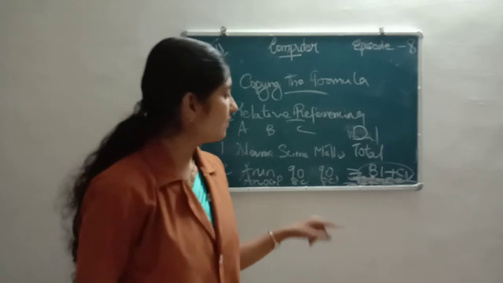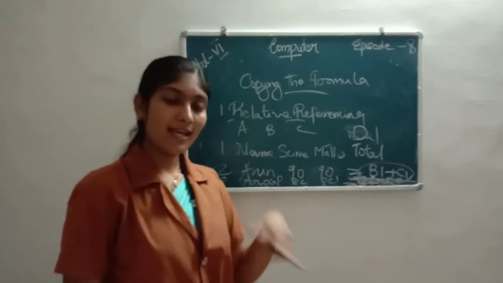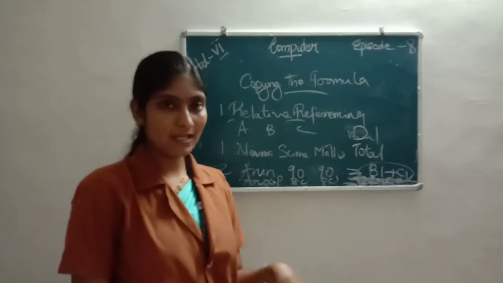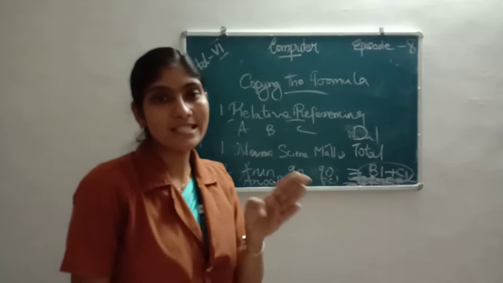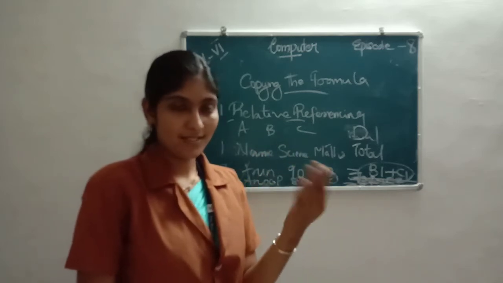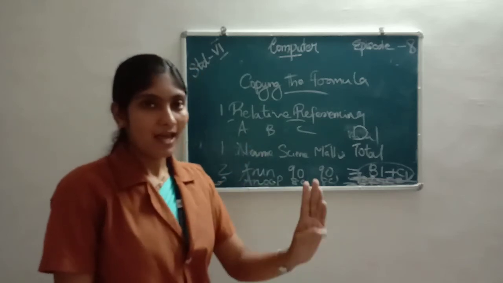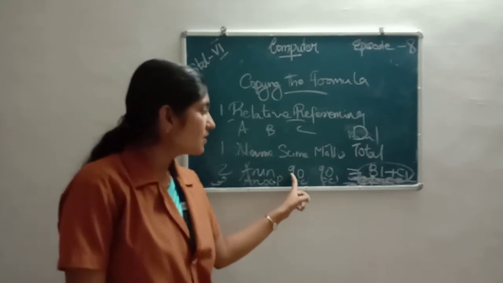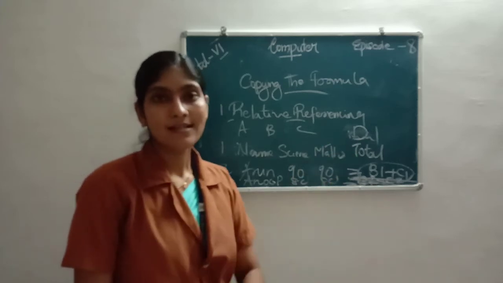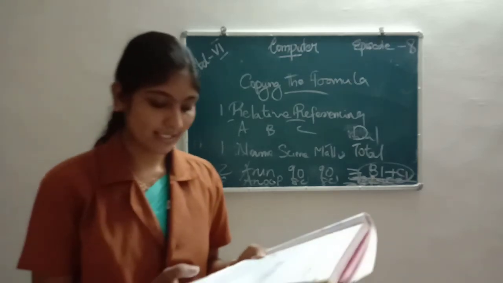If any other cell, it will change to D3 plus C3, and next D4 plus C4, and next D5 plus C5. That means the cell address changes according to the address of rows and columns. And we will get the correct result displayed in the corresponding cells.